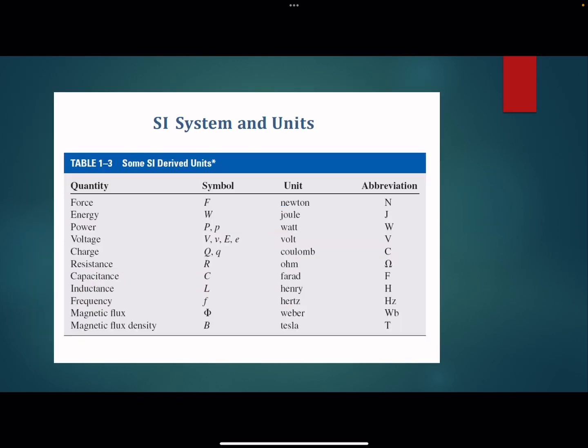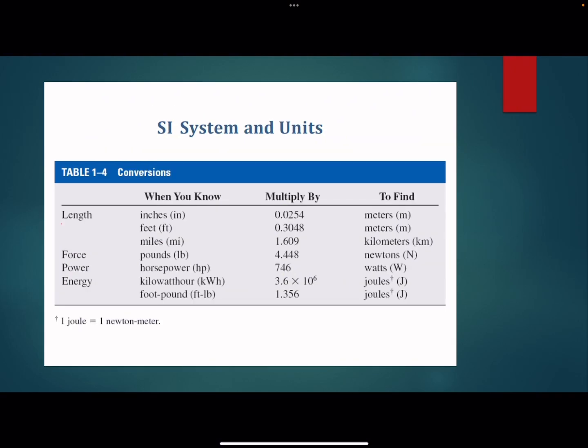There is another table about the quantity, symbol, and unit. So we have force, energy, power, voltage, charge, resistance, capacitance, inductance, frequency, and magnetic flux density. When we have length, this is the unit we have. In order to convert to something else, we need the converter here.